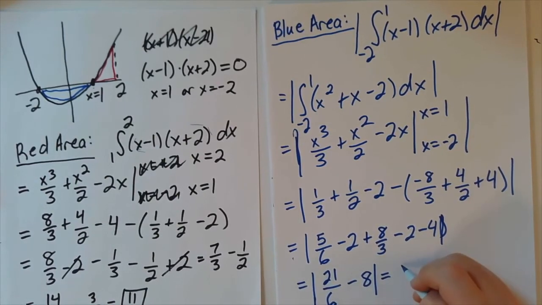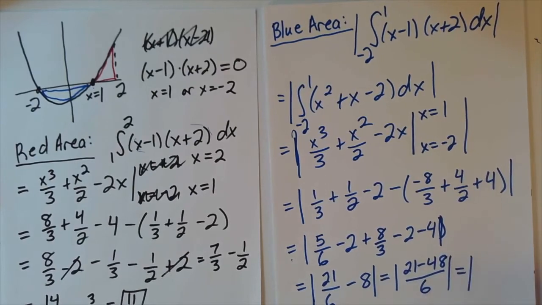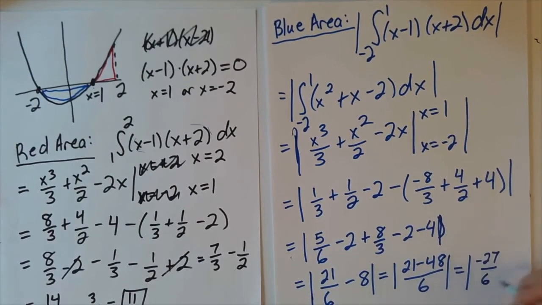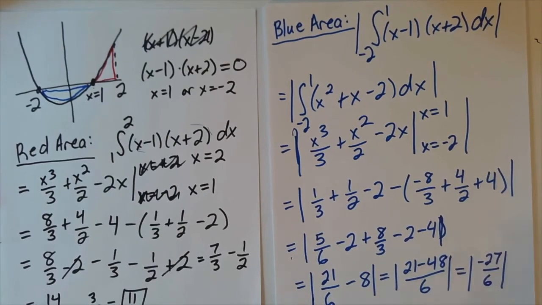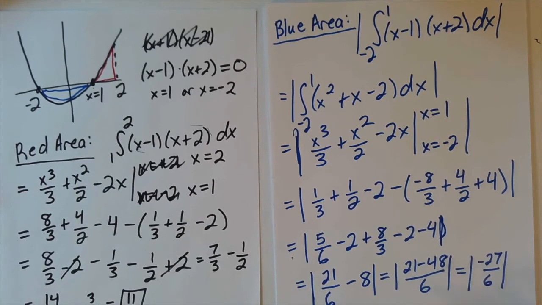Okay, so this is going to be the absolute value of 21 minus 48/6, which is going to be the absolute value of minus 27 over 6, which is going to be 27 over 6.